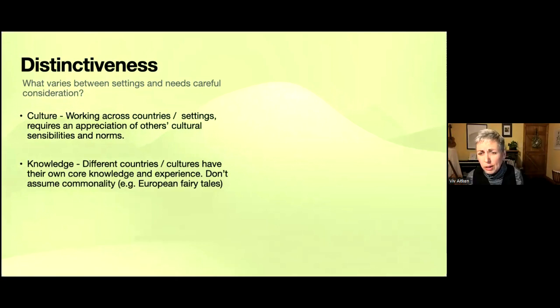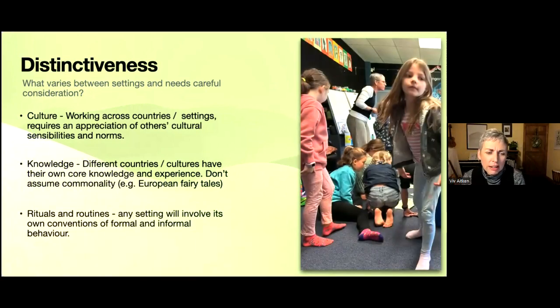Unfortunately, my colleague who I often co-present with, Whakarongo Tauranga, wasn't able to join us today, but that's a really important principle of not doing what I'm doing right now and speaking for another culture. So all I can claim here is that I'm speaking from my worldview about my experiences of what I've seen there. So, knowledge, culture, and rituals and routines.